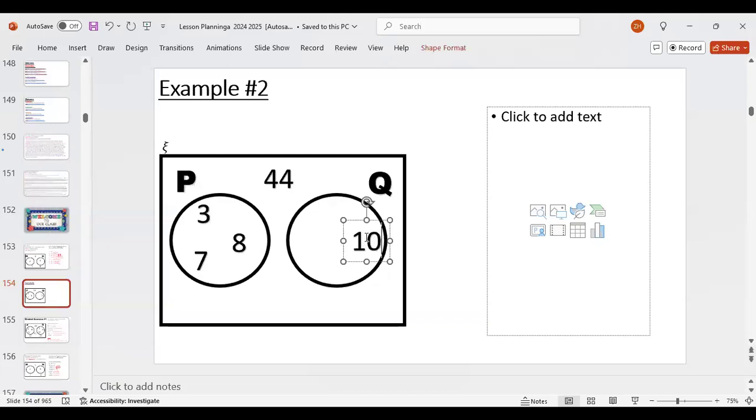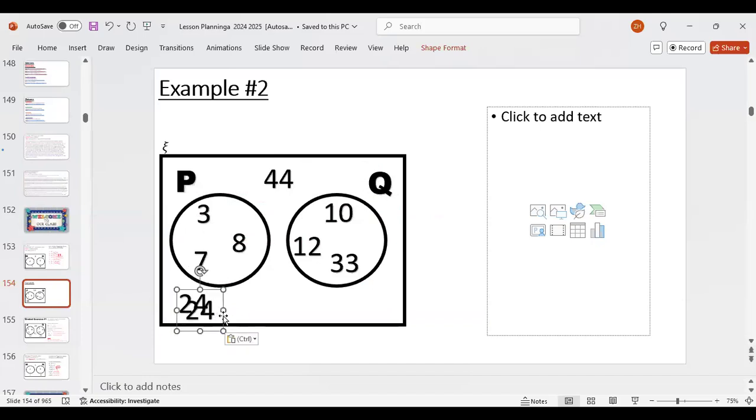Let's use 10. Let's use 12. This is a lot inside this one little circle. And then let's use 13. Let's use 24.